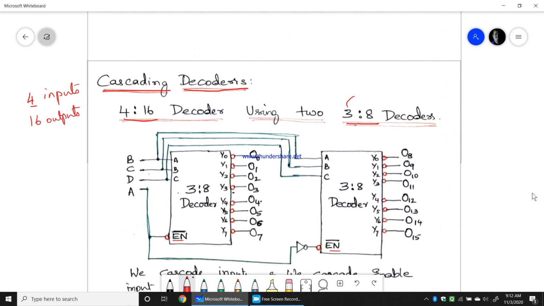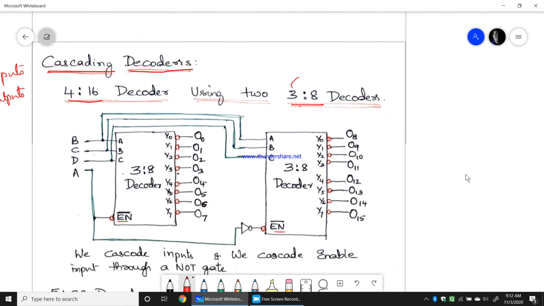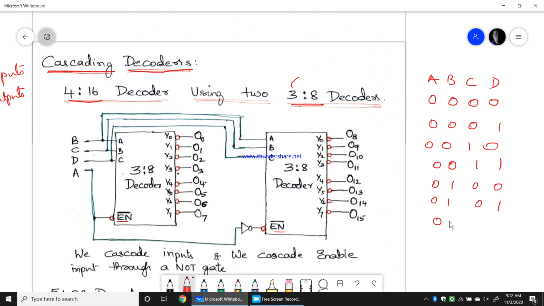Why do we consider it like that? Now if I say A, B, C, D are the 4 inputs, we know that the values start from 0 0 0 0, 0 0 0 1, 0 0 1 0, 0 0 1 1, 0 1 0 0, 0 1 0 1, and then 6, 7, and finally 8.